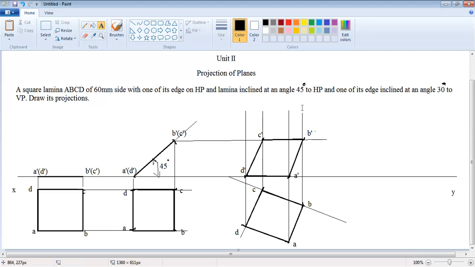This is the plane. The plane is inclined 45 degrees to HP and the edge is inclined 30 degrees to VP. Mark all the dimensions.